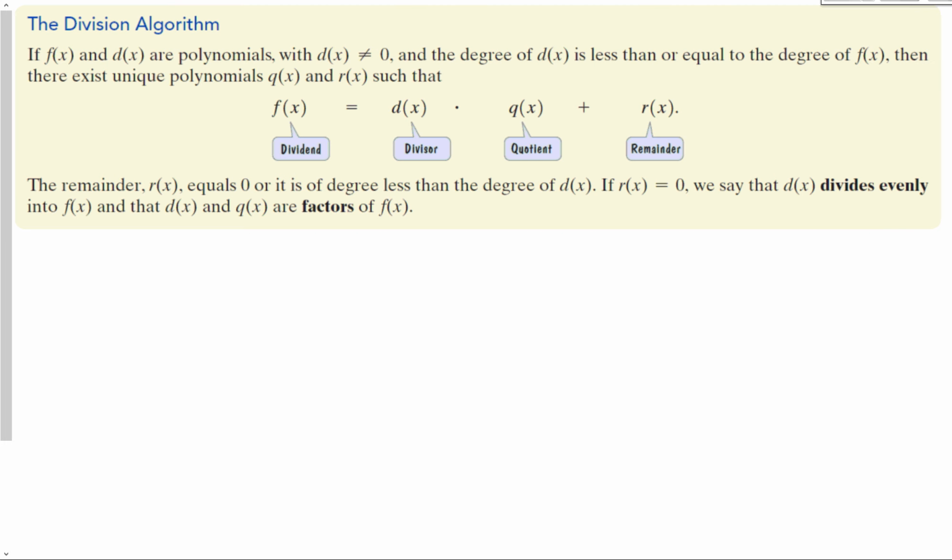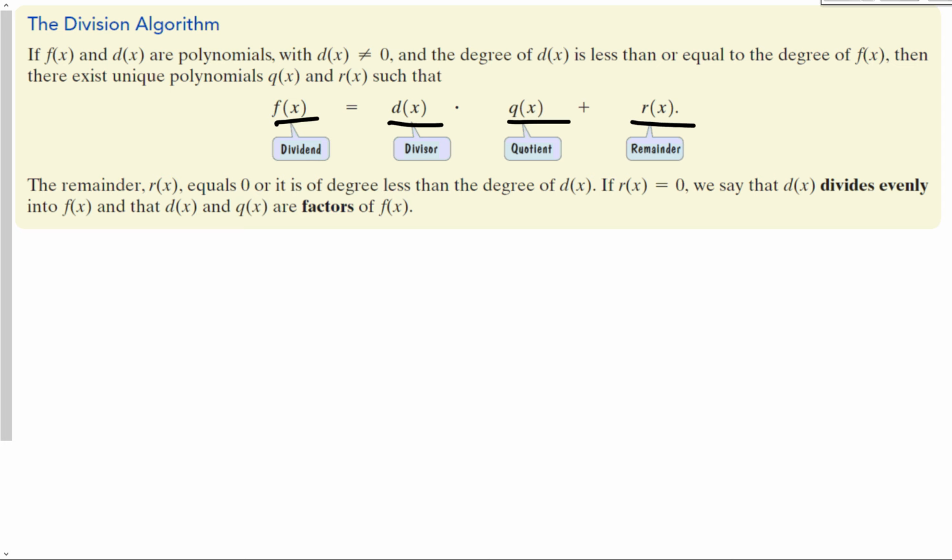Okay, so this is the division algorithm. Let's look at this whole thing: f of x and d of x are polynomials with d of x not equal to 0. The degree of d of x is less than or equal to the degree of f of x. Then there exist unique polynomials q and r such that the dividend is equal to the divisor times the quotient plus the remainder. And this remainder doesn't just have to be a number, it could also be some sort of function of x.